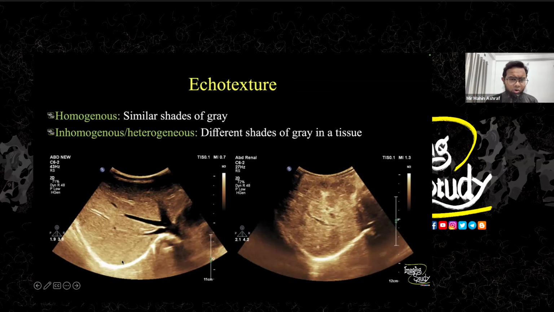Here you can see all parts of the liver look quite similar, but here the parenchyma looks different. This area is dark, this area is light, something else is going on. So this is the homogeneous pattern with similar appearance, and this is the heterogeneous one with different patterns.